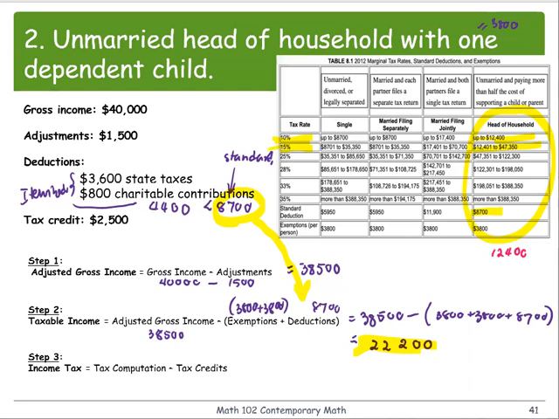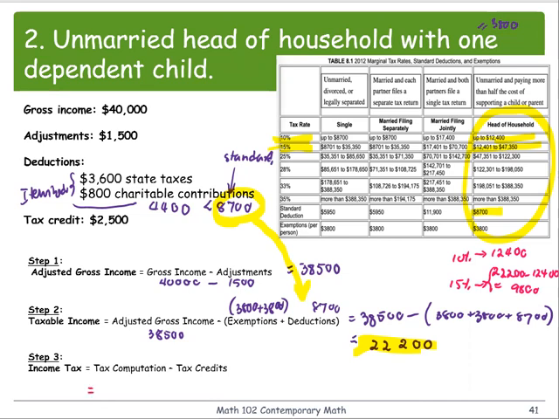And then the next one is gonna be the difference of 22,200 and 12,400, which is the value 9,800. So the first tier will be calculated for the 10%. The second tier, we're going to calculate by using the 15%.